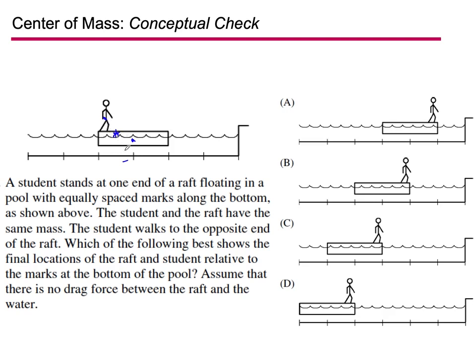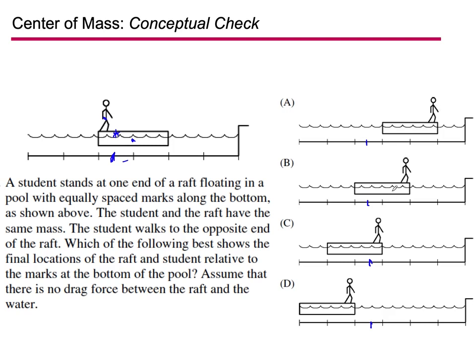What's going to be true here? There's no external forces on the system, so the center of mass is going to stay here. It's not going to accelerate. It should remain at 1, 2, 3.5 units over. So the center of mass should stay directly above this point. In which of these cases is that true? Well, you'll discover boat center of mass, person center of mass here.